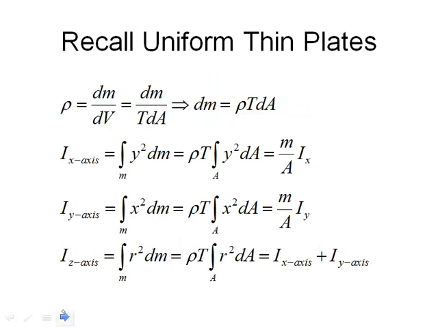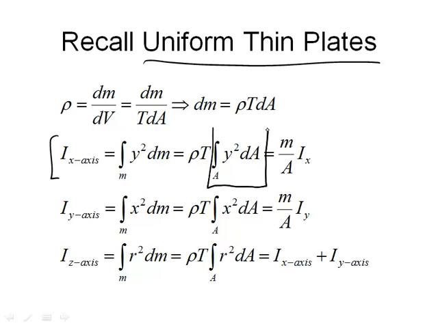Now this is not our first go-round with moments of inertia. We did these back in statics. And back in statics, we started off looking at moment of inertia. Now there's a slight difference between mass moment of inertia and moment of inertia back in statics. Back in statics, we did this for uniform thin plates. And as you recall, this was the moment of inertia that we looked at back in statics.